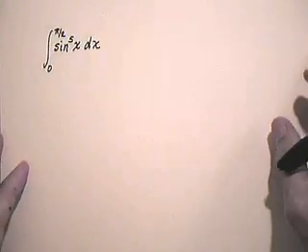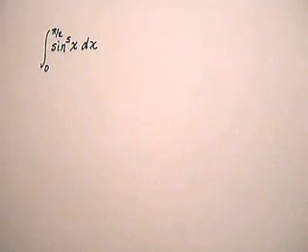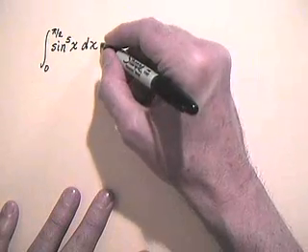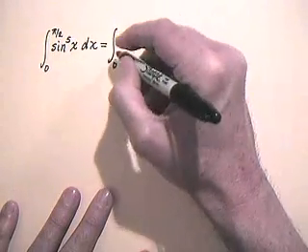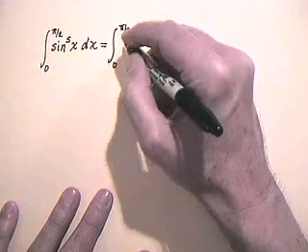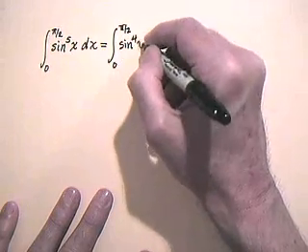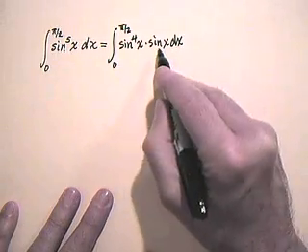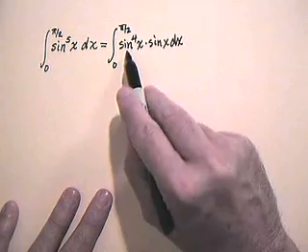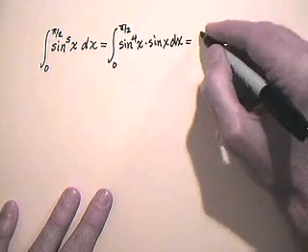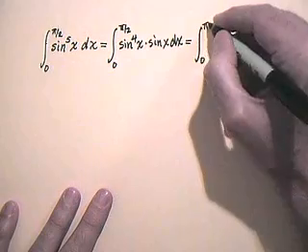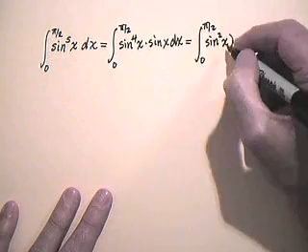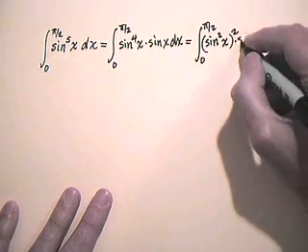The integral from 0 to pi over 2 of sine to the 5th power of x dx. And so we begin by writing that as the definite integral from 0 to pi over 2 of sine to the 4th x times sine x dx. We peel off one power. And now with this 4th power of sine of x, I can write that as the square of sine squared of x.